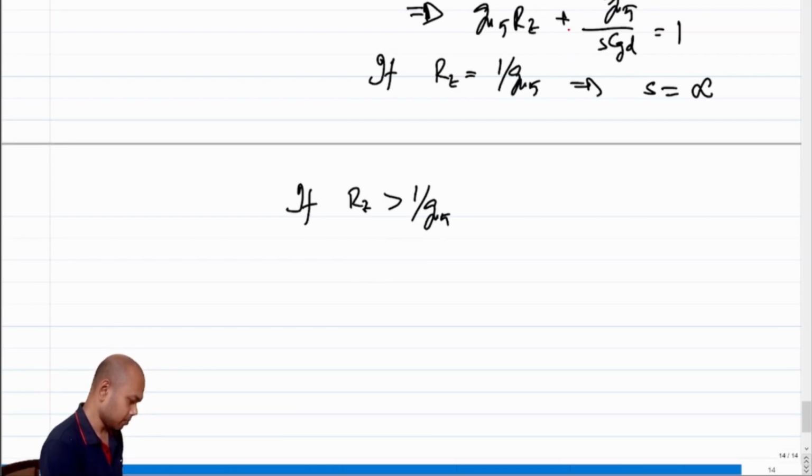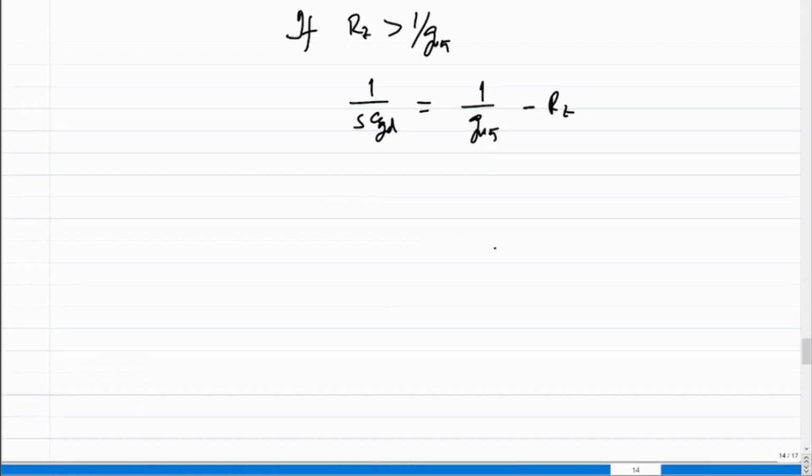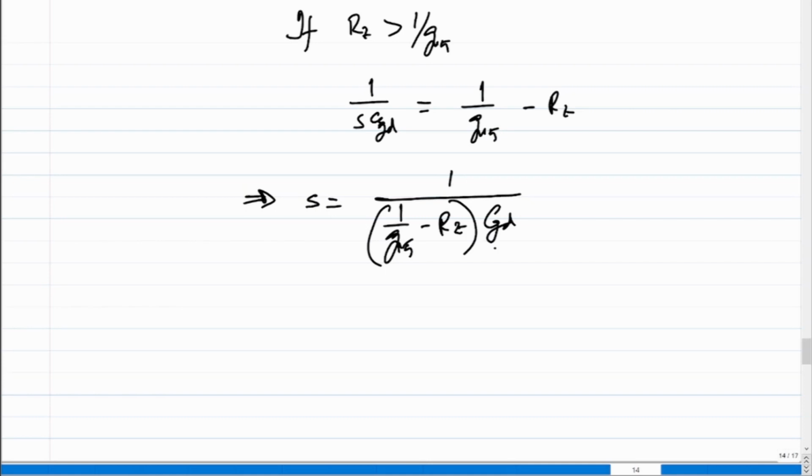So we get 1 over SCGD becomes 1 over GM5 minus RZ. So this becomes S is equal to 1 over (1 by GM5 minus RZ) times CGD, right?